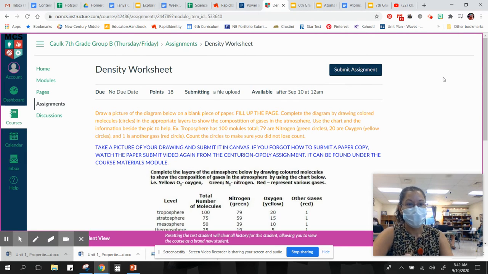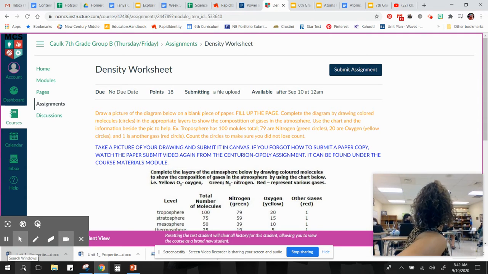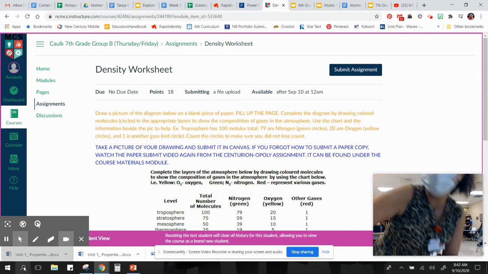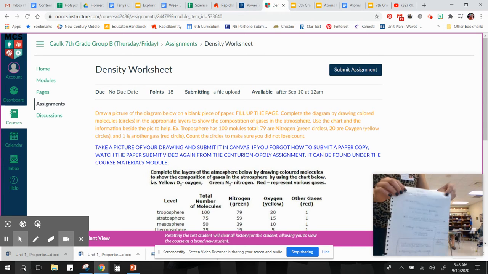Okay, so in order to take a picture, do you know how to find your camera on your Chromebook? It should be that little circle. It looks similar to this. Mine's an hourglass, but yours is a circle, at the bottom of your screen. When you click that, type camera, it'll bring up your camera. And then you hold up your piece of paper in front of the camera.